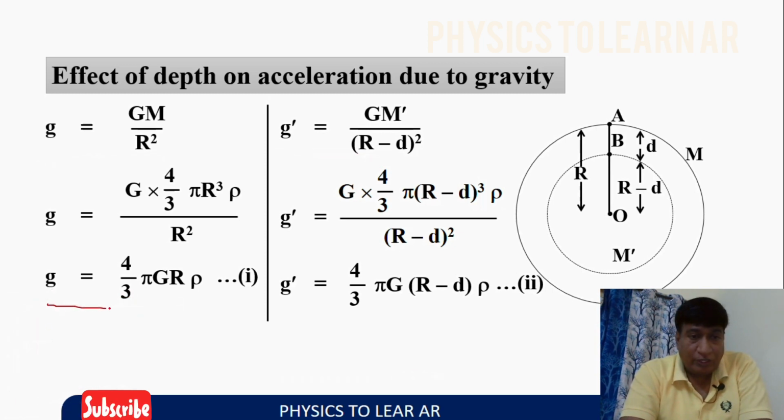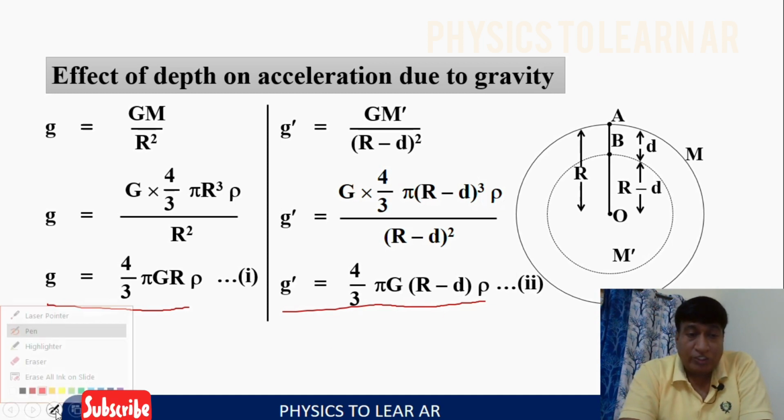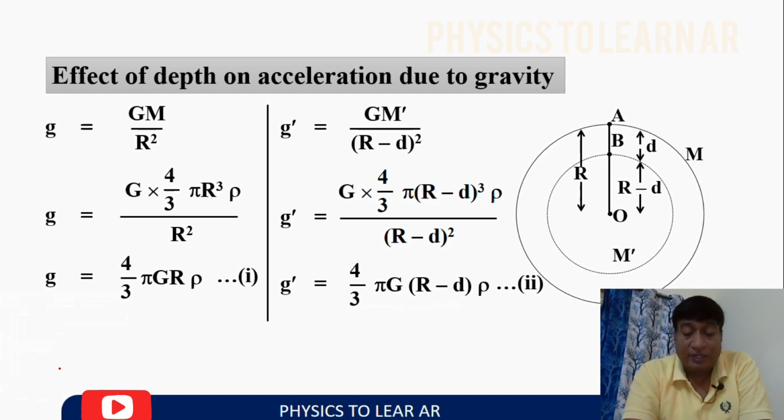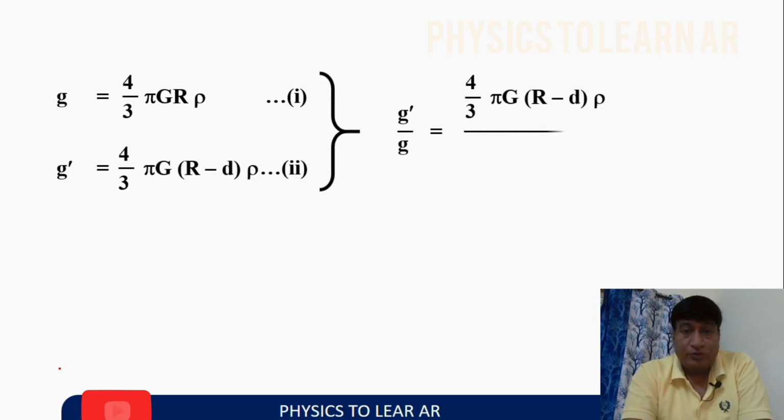Now I know capital G in terms of density and g dash in terms of density. I have to find out the value of g dash, so equation 2 divided by equation 1, and then we can obtain the relation. So we get 4 by 3 pi G into (R minus d) into rho by 4 by 3 pi G into R into rho.